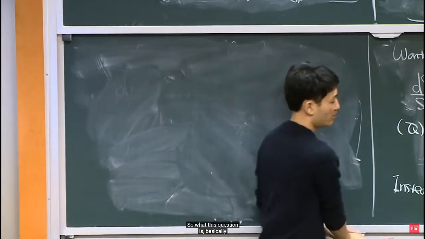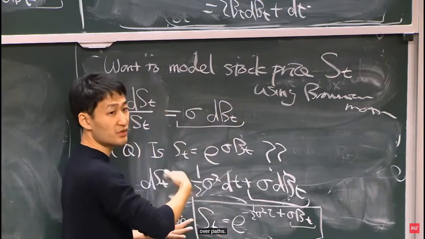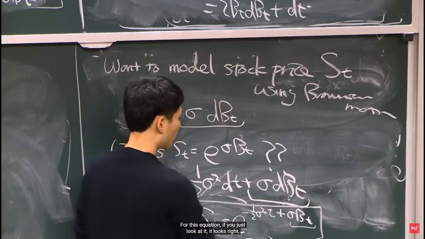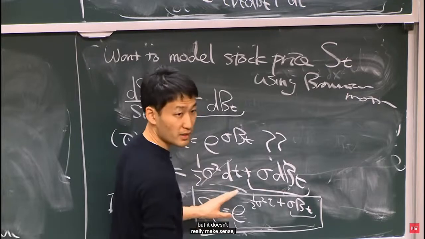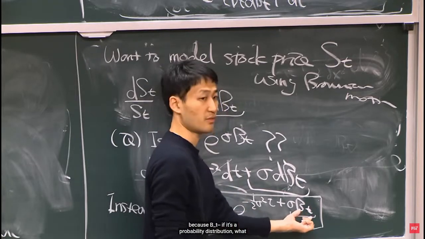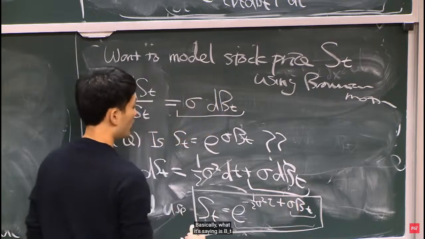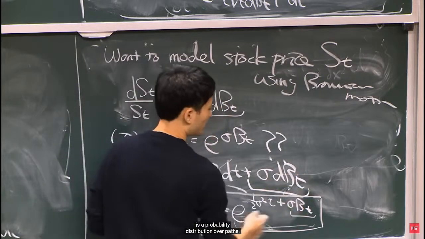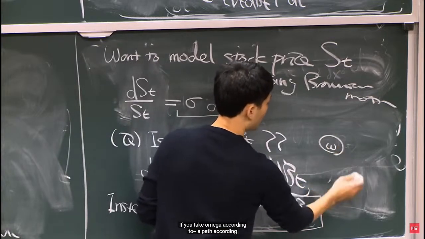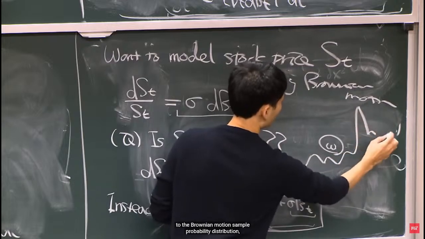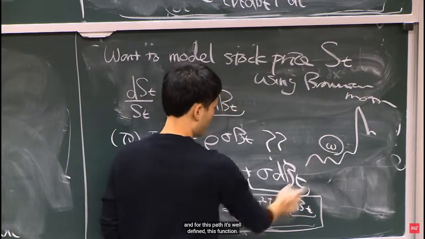So what his question is basically, B_t is a probability space. It's a probability distribution over paths. So this equation looks right, but it doesn't really make sense, because if B_t is a probability distribution, what is e to the B_t? Basically, B_t is a probability distribution over paths. So if you take a path omega according to the Brownian motion sample probability distribution, then for this path, this function is well defined.